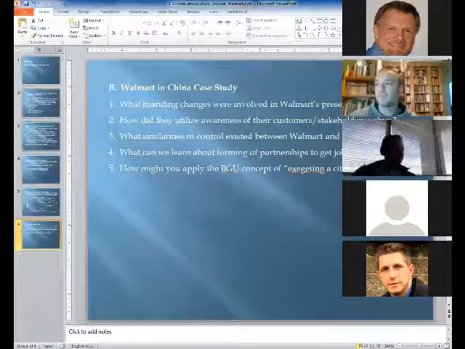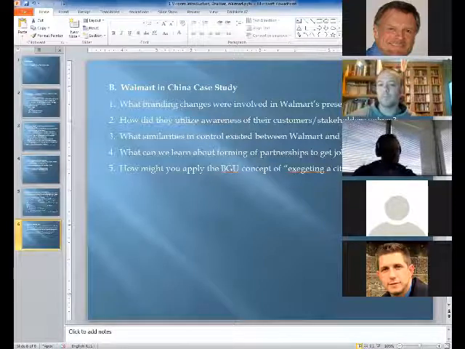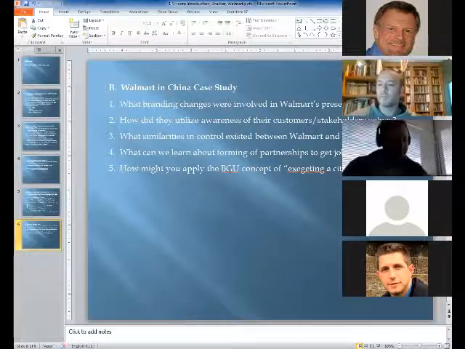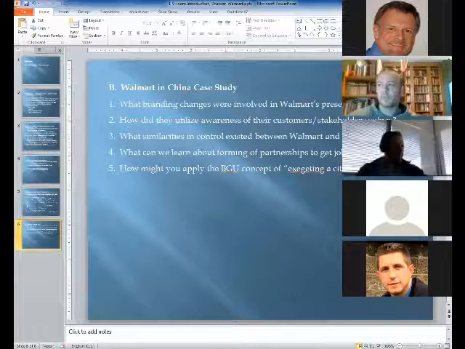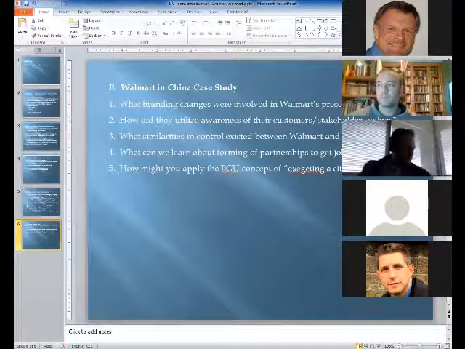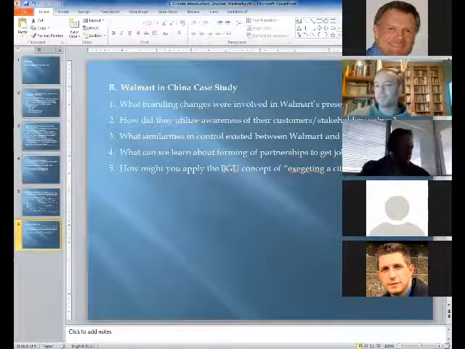Go ahead, Hubert. I saw the Chinese government had this goal of wanting to expand their sustainability, and Walmart decided to make the effort to make the company a more sustainable company in their China operations. From that standpoint, they started to push the issues of going green in China.